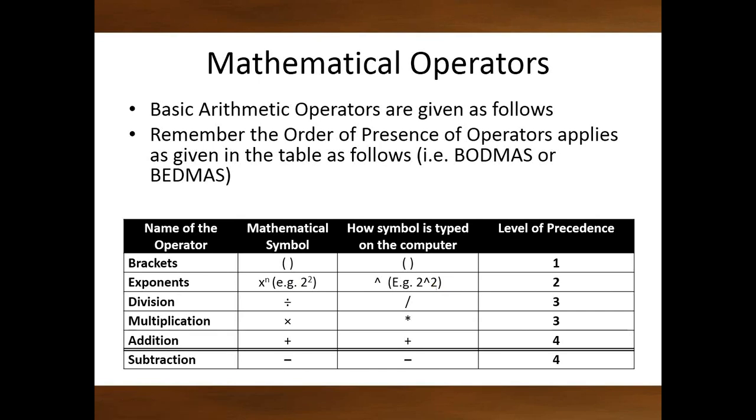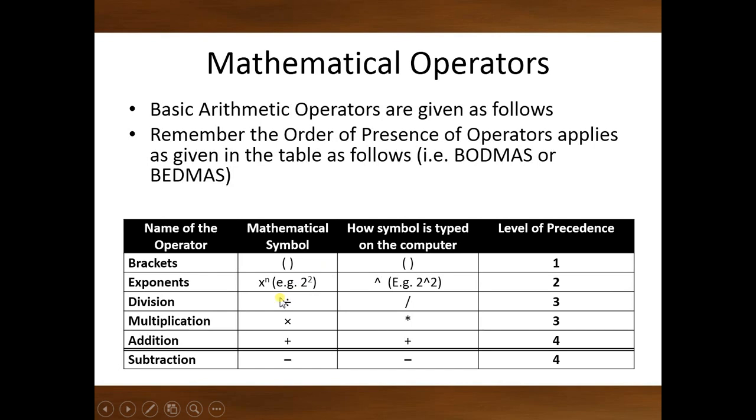After the exponents comes the division sign, and note that division and multiplication are at the same level in BODMAS. This means that in performing a calculation, if the spreadsheet program meets the division sign and multiplication sign, whichever appears first will be used in performing the operation.